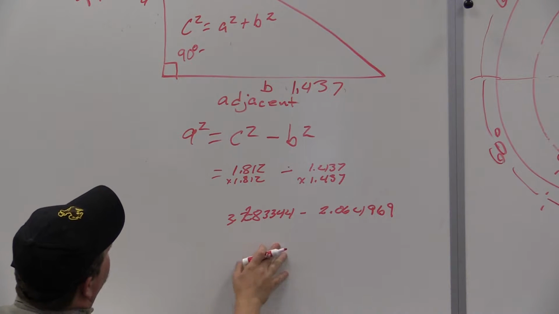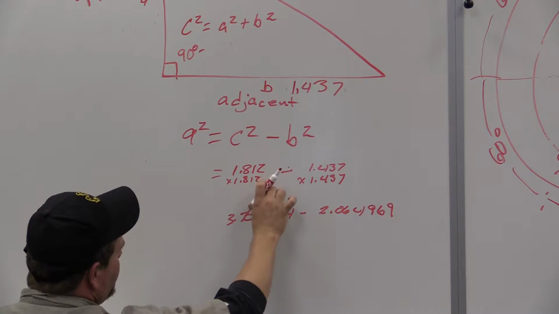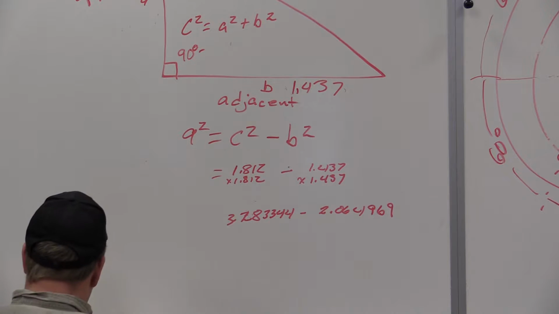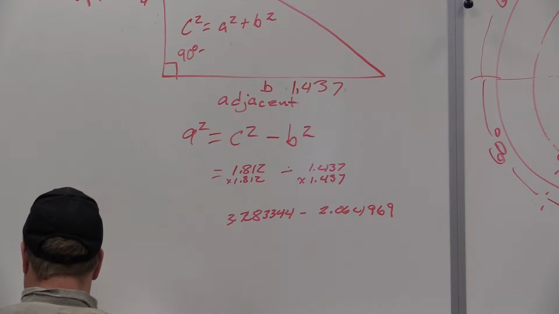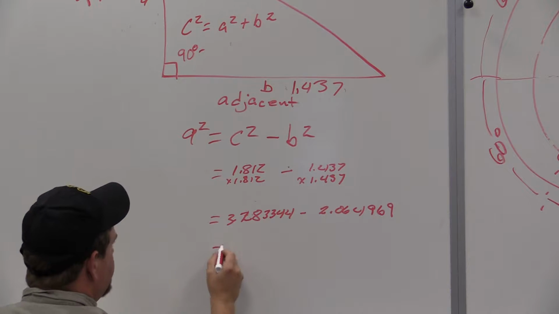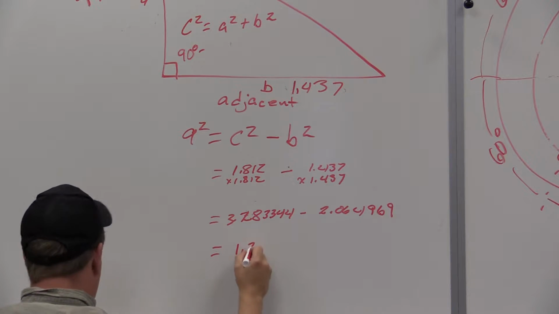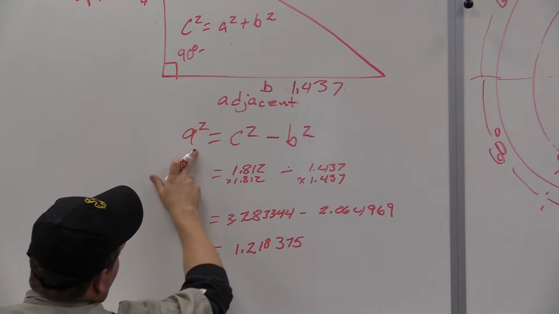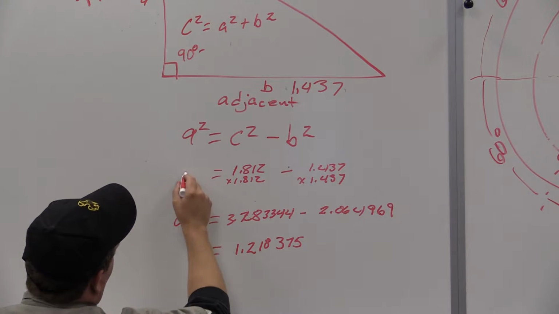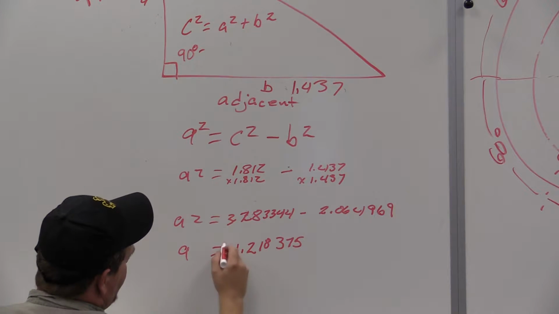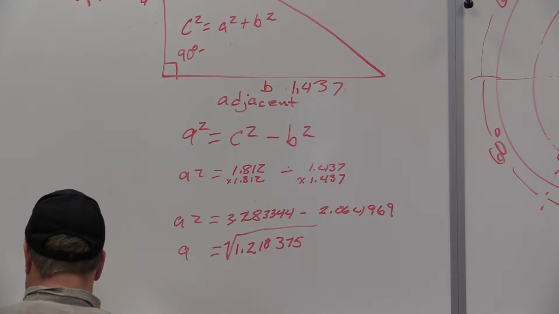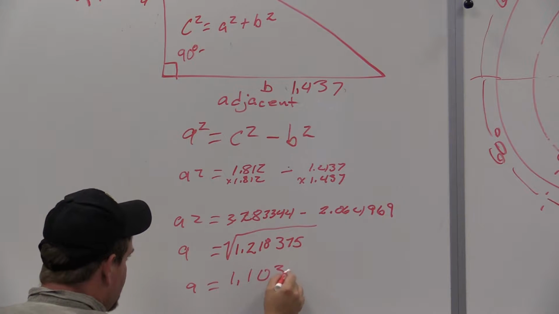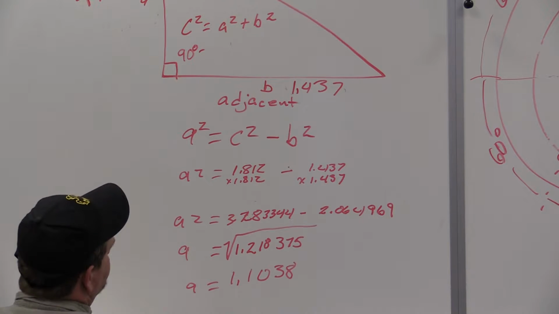Especially when we are doing squares, exponents, and angles, try to carry out the decimal places as many places as you can. It helps increase the accuracy and makes a very large difference in between the two. Okay? So then we end up with 1.218375. But that's still showing us that it's A squared. So here, in order to get A, now we find the square root of this, which ends up being 1.1038. Okay?